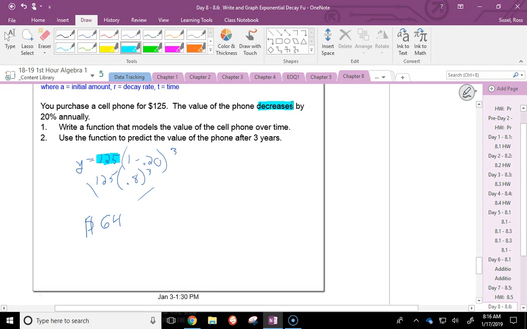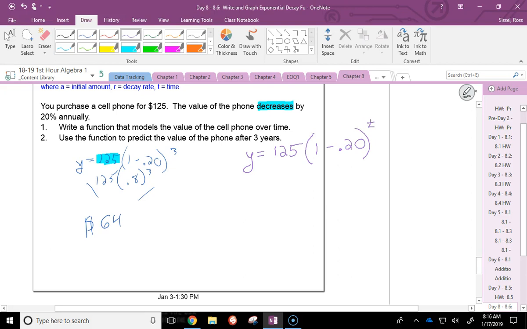My equation that you should have is y equals, the initial cost was 125, times 1 minus 0.20, or just 0.2, to the t power. And that t stands for time. Now they asked for 3 years, so I replace t with 3.